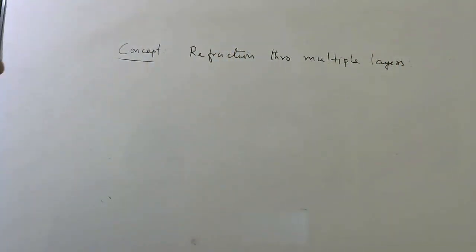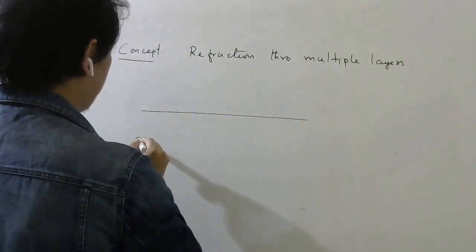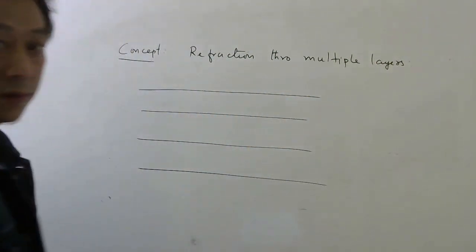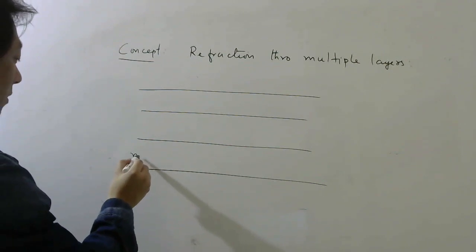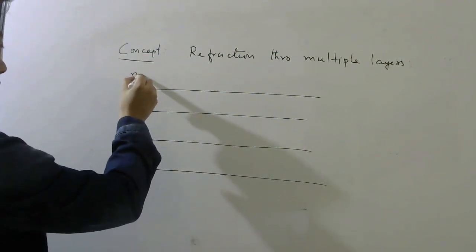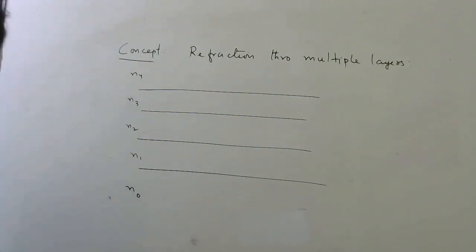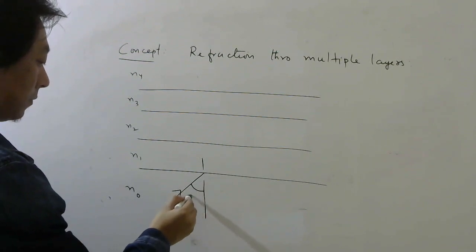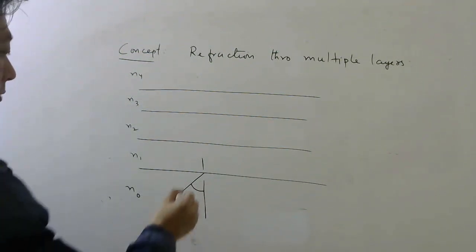Refraction through multiple layers. So imagine I have multiple layers like this. Okay, this is N1, this is N2, N3, N4, and this is N0. So let's say light is coming at some angle i. Okay, then it will refract.